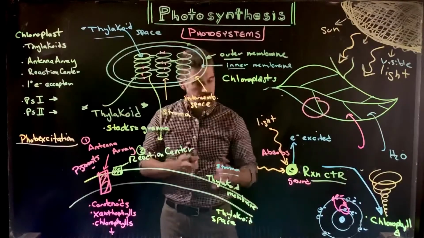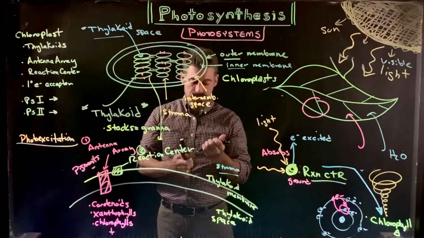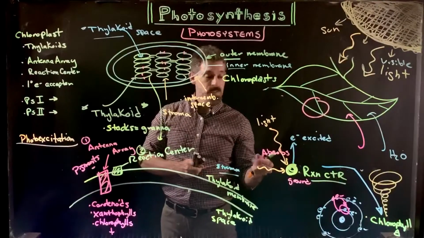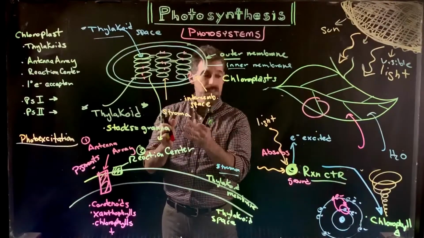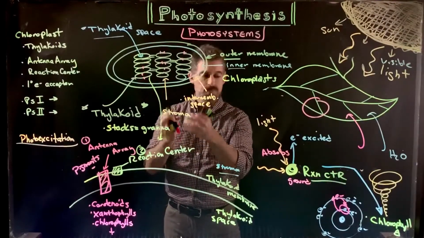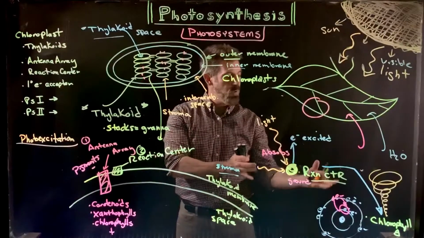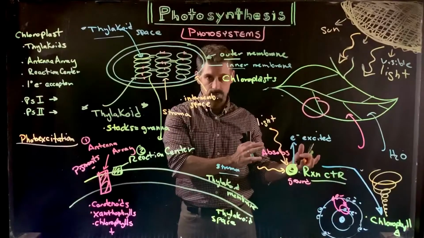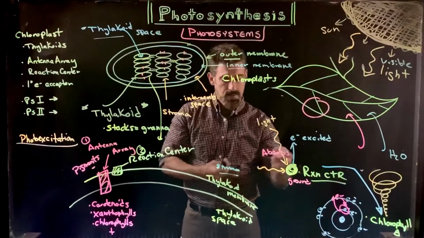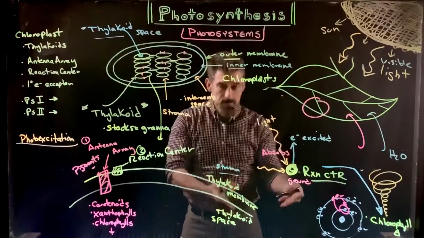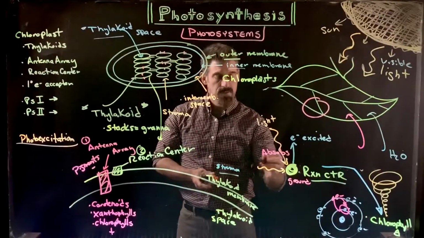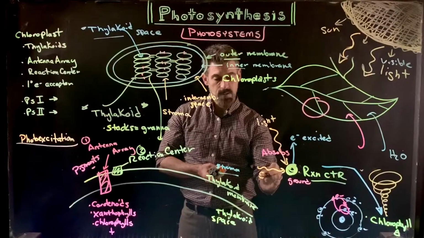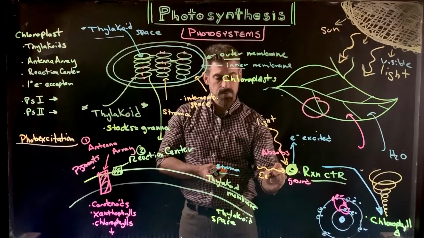So when I first was learning this, I remember I had a very difficult time because I was confused from many pictures and books and other places showing what seems like the electrons are being passed from these other pigments to the chlorophyll A. That does not happen. It's energy that's passed to the chlorophyll A. Okay, this is just energy from the dropping of the excited electrons to excite the electron of a chlorophyll A.